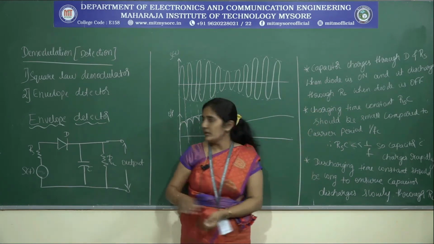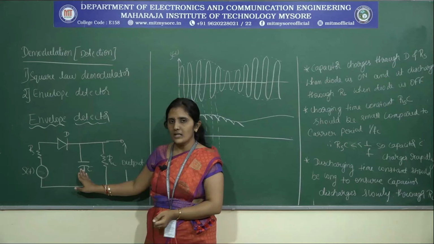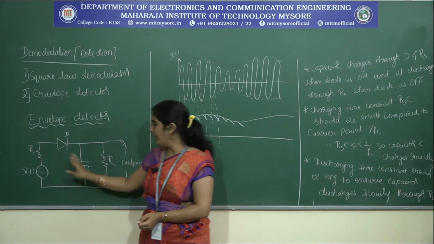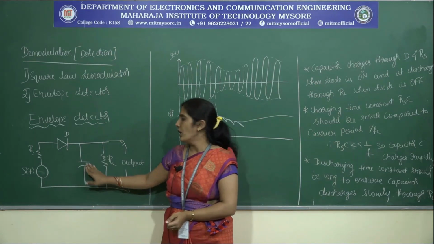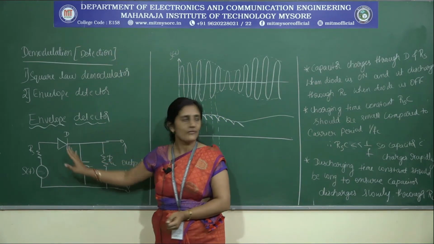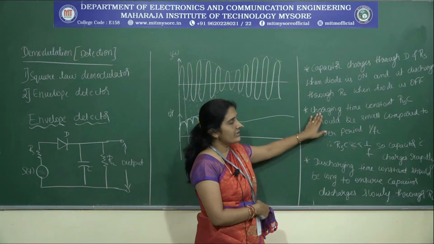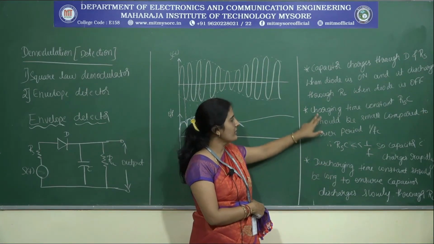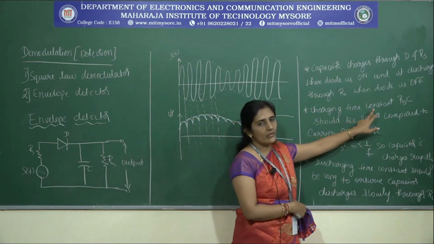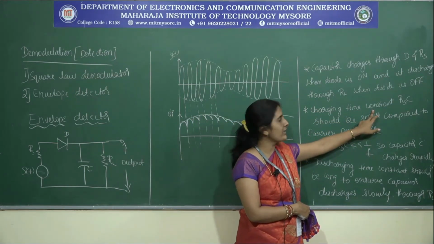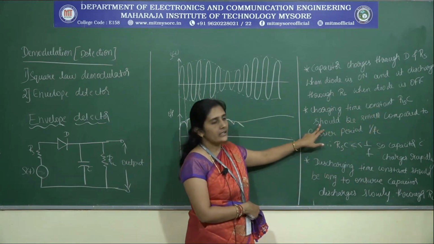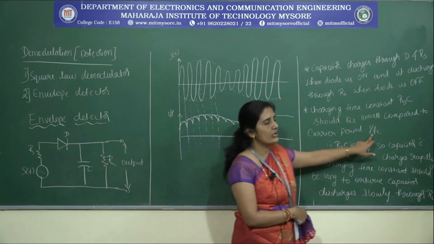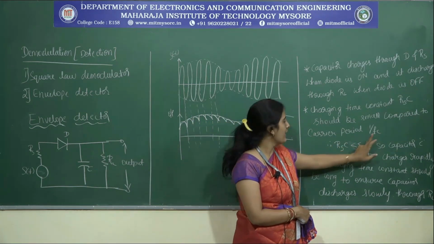As we said, the capacitor charges through the diode when it is on, and when the diode is off, the capacitor discharges. Regarding the charging and discharging time, the charging time constant Rs into C should be small compared to the carrier period, which is 1 divided by Fc.